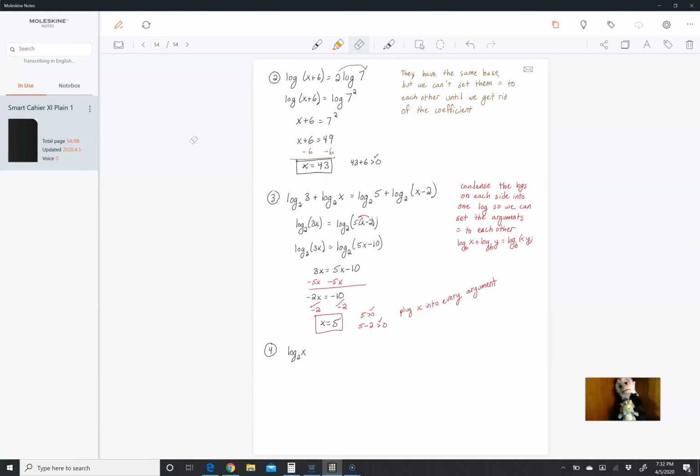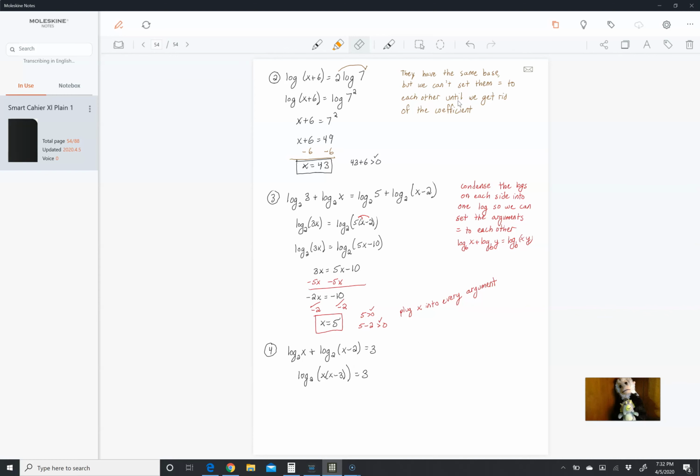So we have log base 2 of x plus log base 2 of x minus 2 is equal to 3. Here we only have 2 logs on one side, so we only have to condense one side. If we condense one side, we get log base 2. We're adding, so when we condense, we multiply. Again, you can skip this step and go straight to the next one.